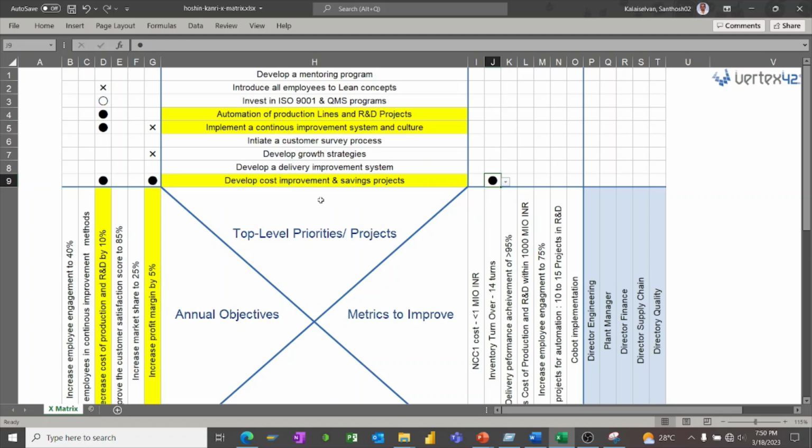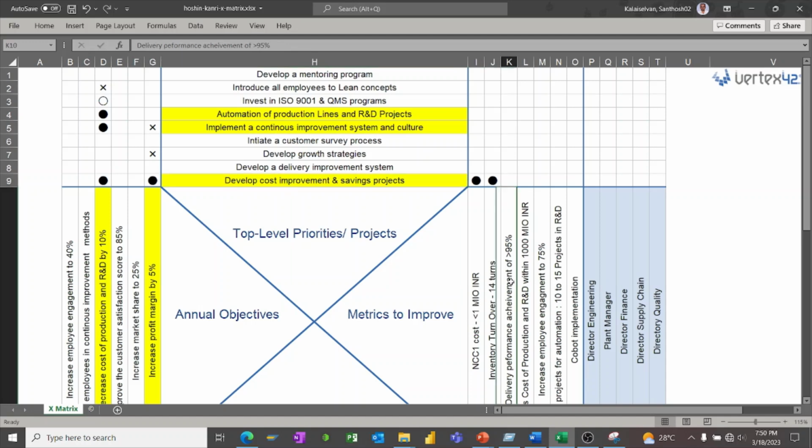And NCC1 cost improvement is also primarily correlated, because these NCC1 costs are the incidents which are reported at the customer. So this will certainly affect the cost of a company. So this will come under cost improvement.